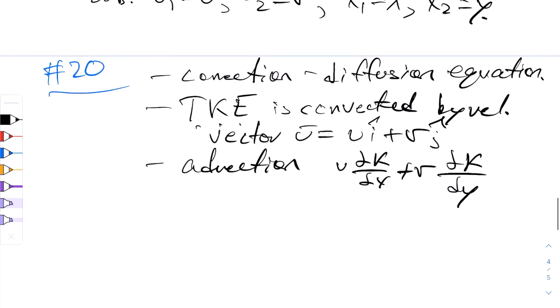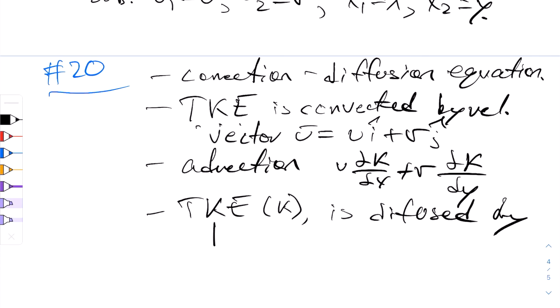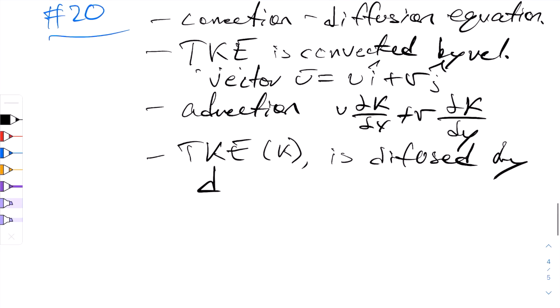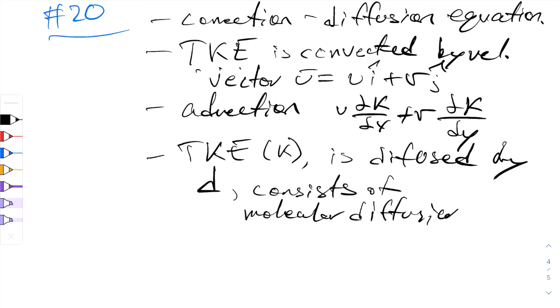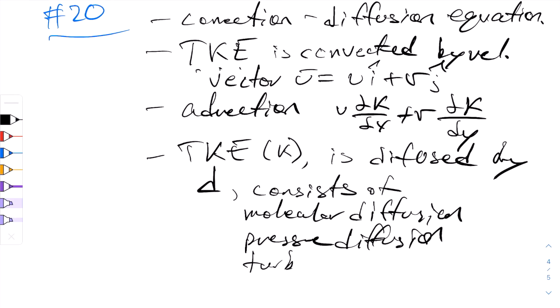Great. Here's another note. We'll say that the TKE, turbulent kinetic energy, that's K, mind you, is diffused by D. It's the diffusion term. And it consists of molecular diffusion, pressure diffusion, and turbulent diffusion.